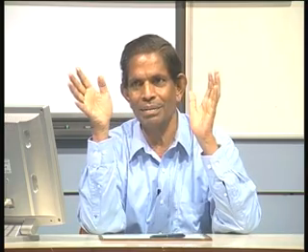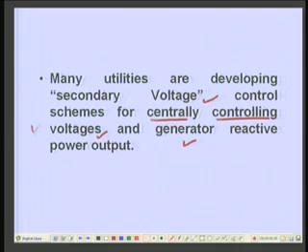Control all the generators, all the reactive power sources centrally, so that you maintain a good voltage profile and maintain the voltage stability margin. This is a new modern approach where we go for system wide control.